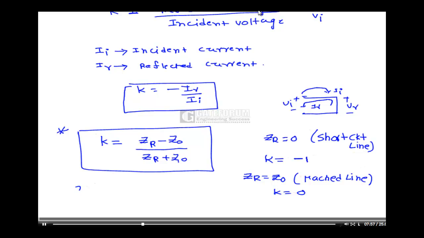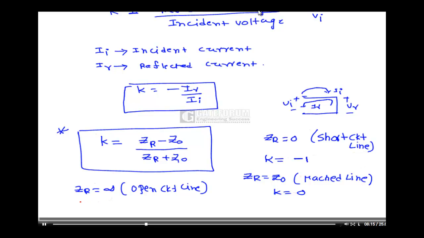Similarly, if ZR is equal to infinity, that means an open circuit line. What happens? Put ZR equal to infinity.